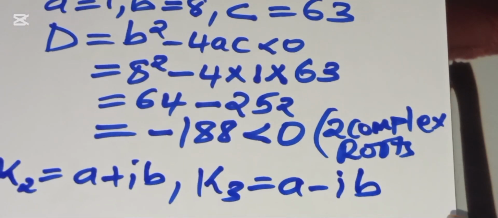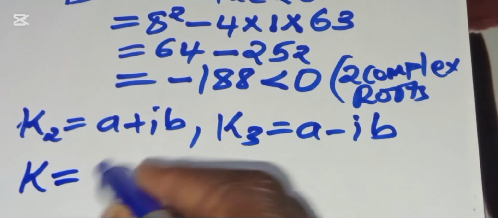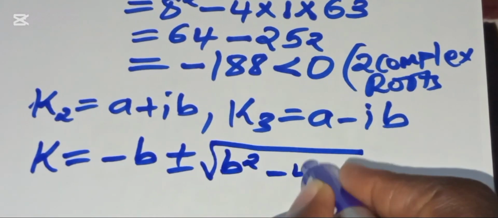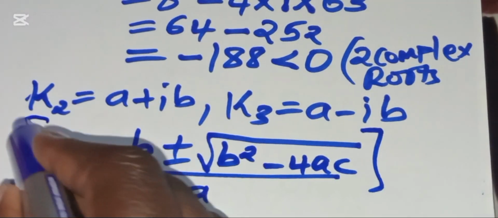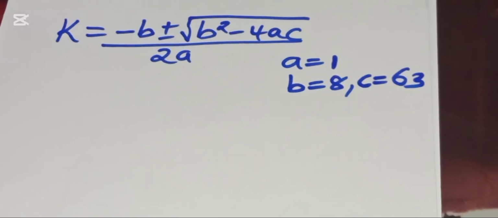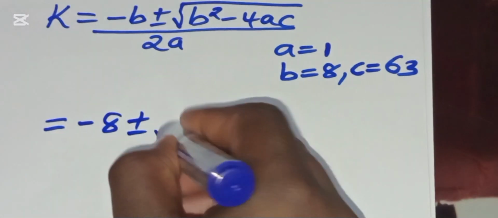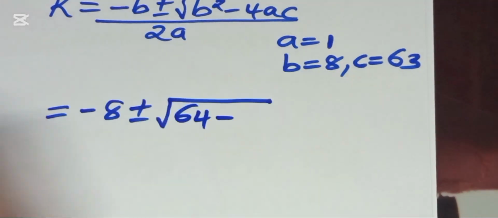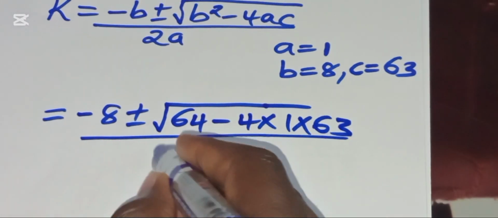So these are imaginary roots. Let's apply the quadratic formula to solve for them. k is equal to negative b plus or minus the square root of b squared subtract 4ac, divide everything by 2a. Substituting a, b, and c, we have negative 8 plus or minus the square root of 8 squared, which is 64, subtract 4 times 1 times 63, divide everything by 2 times 1.